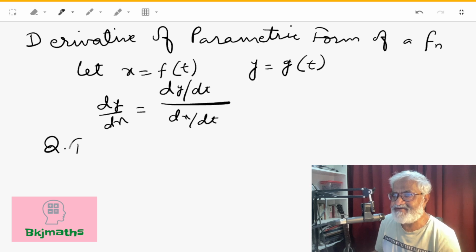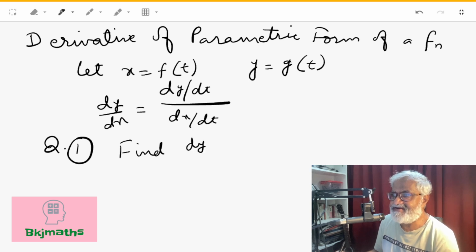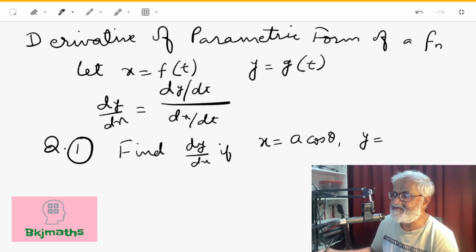Question 1. Find dy by dx if x equals a cos theta and y equals b cos theta.